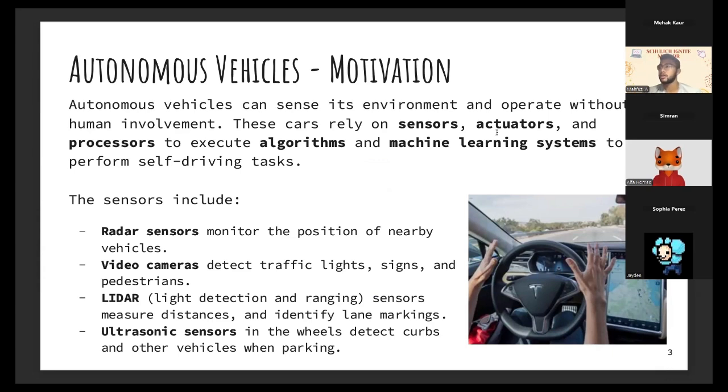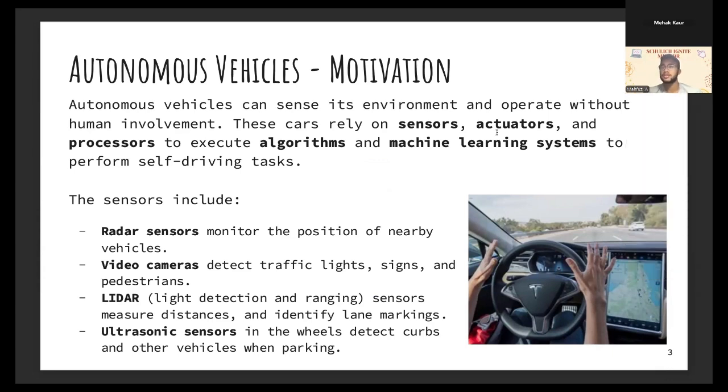They rely on a bunch of sensors, actuators, processors, algorithms, and machine learning, and a ton of computer science, although it doesn't really look like it, and it runs in the background. Those are critical to autonomous vehicles. Radar sensors monitor the position of nearby vehicles.